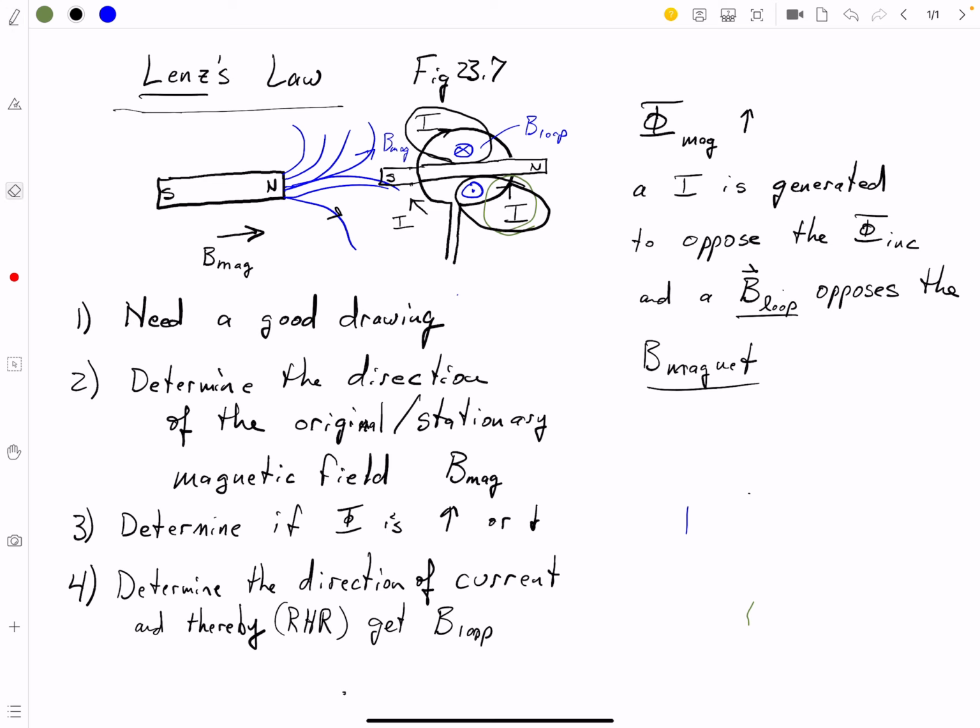Okay, so far so good. Of course, notice that it's opposing the magnetic flux, whether it's going up or down, the B loop opposes that.